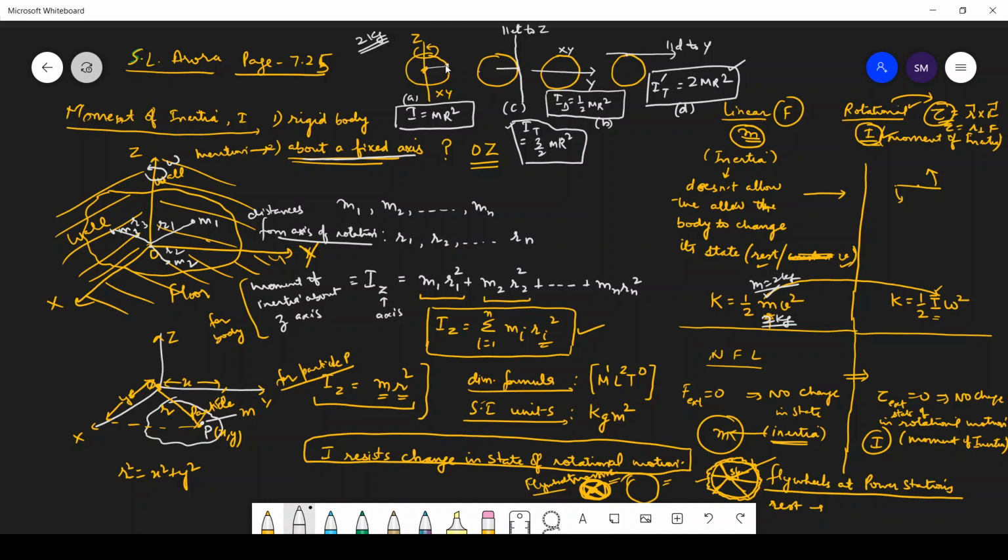So see, the position of this is mass m1. The mass m1 will reach here, then here, then here. Yes, it will move like this. And here, suppose this is mass m1, it will move like this.